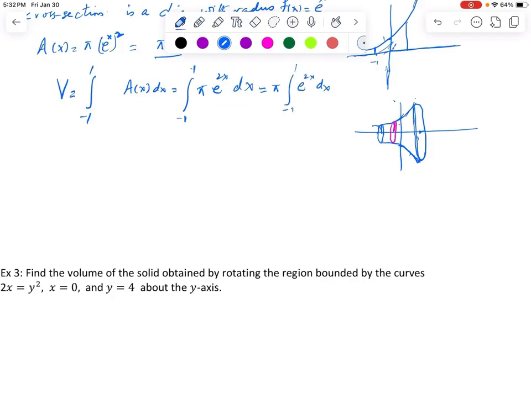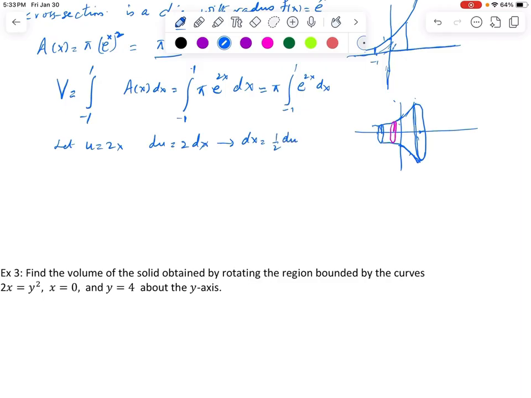Now how will we do that? Well, you can do it by substitution. Let u equal 2x, then du will be equal to 2 dx. Do you want to change the limits or not? That's up to you. Let's not change them and we will put them in at the end. So dx equals 1/2 du.